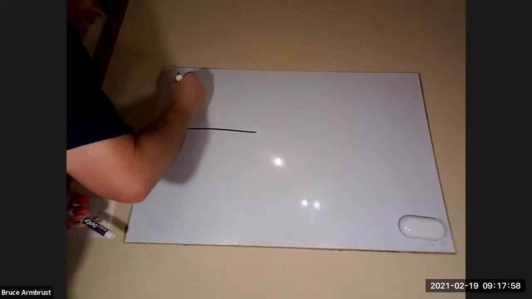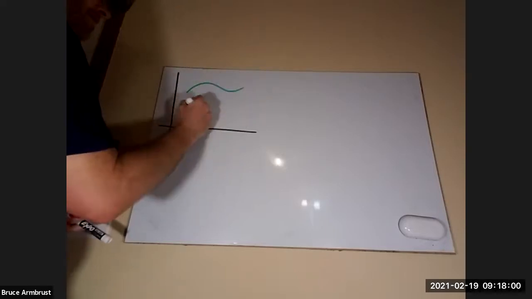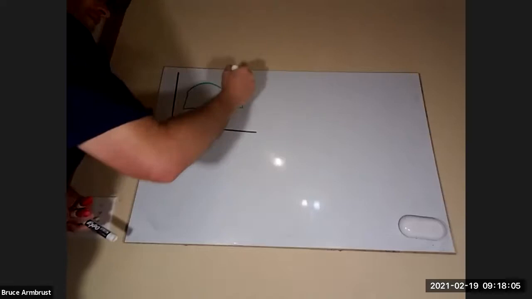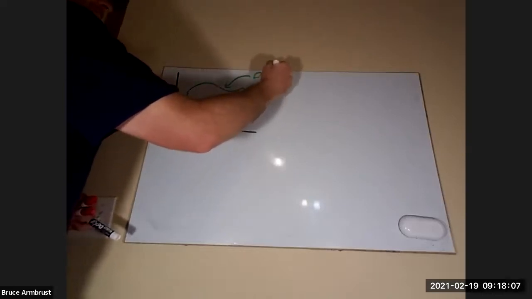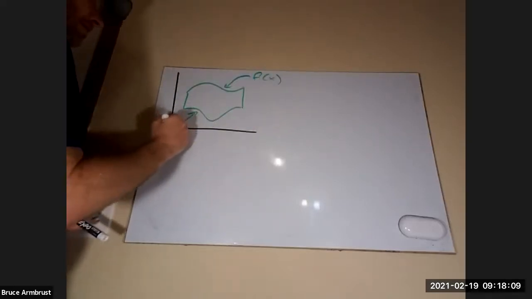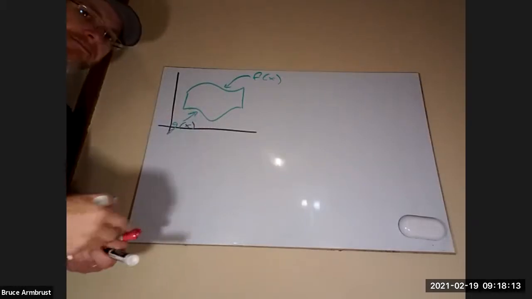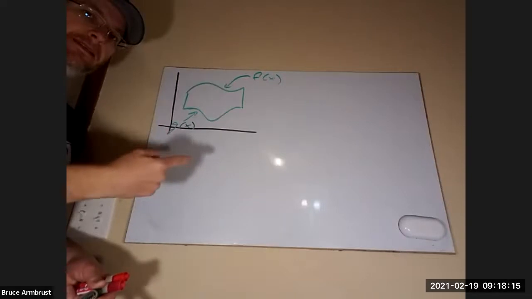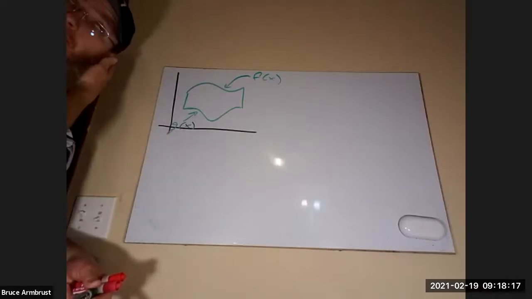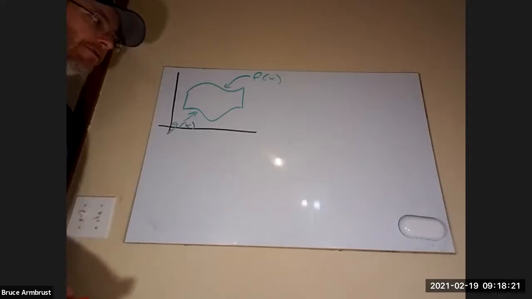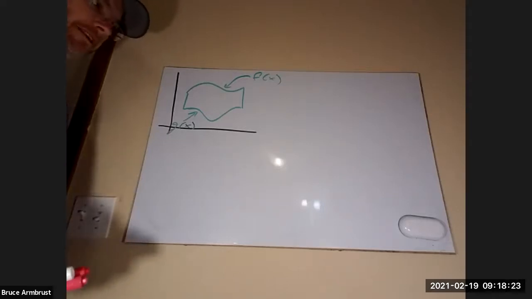All right, so maybe we've got a shape that looks like this. So we'll call those functions f and g, f for the top one, g for the bottom. The idea, just like before, is to see if we can figure out center of mass.